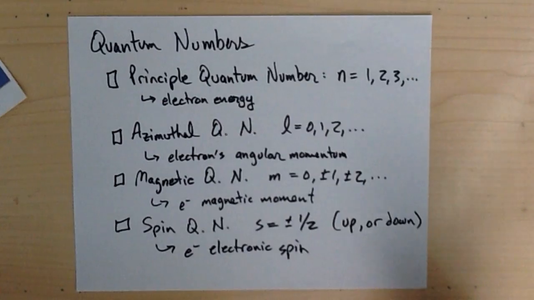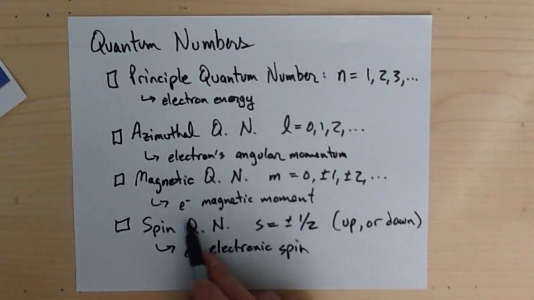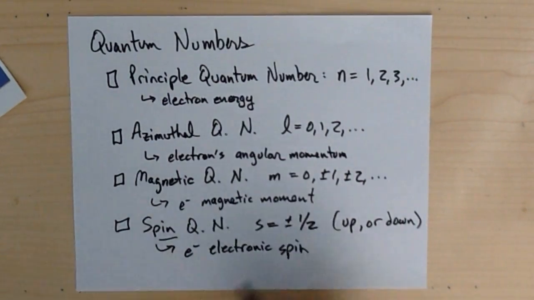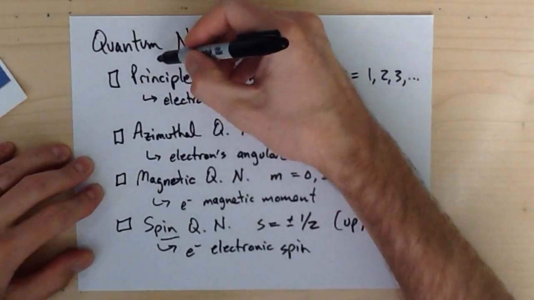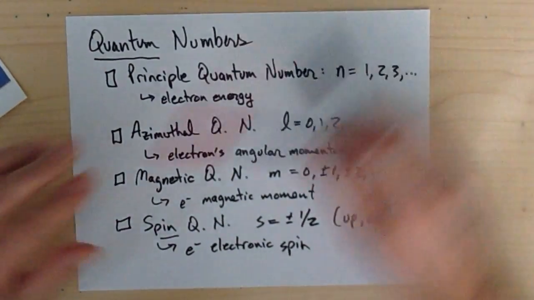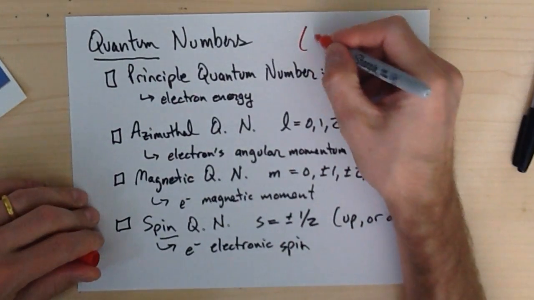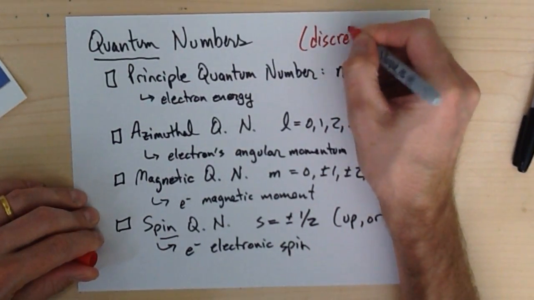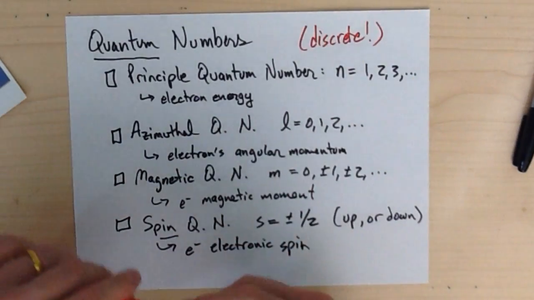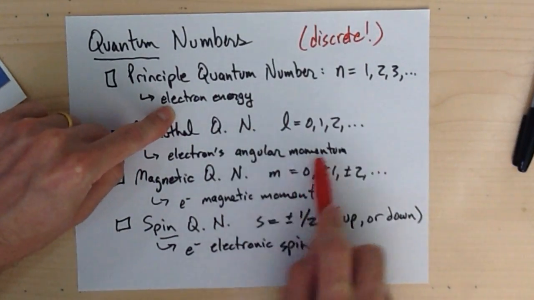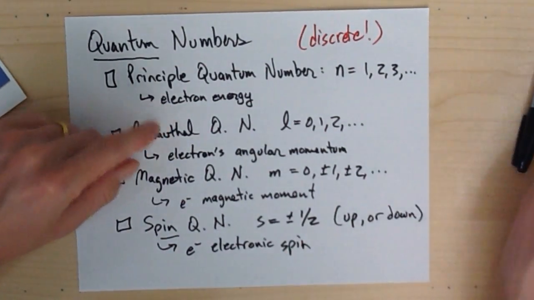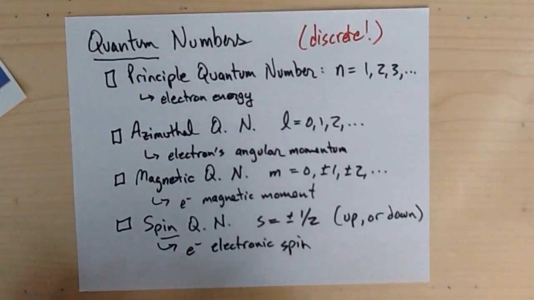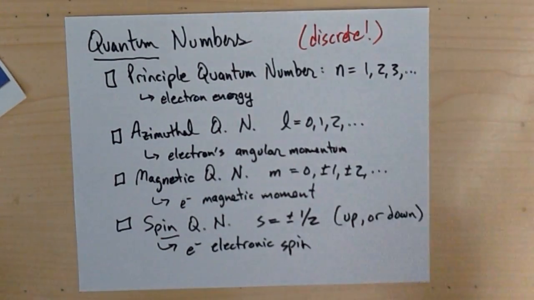The spin is up or spin is down. So this is a quantum number that can only take two values, up or down. All right, so the energy, the angular momentum, and the magnetic moment of an orbital are quantized, and the quantum here means that it is discrete. Right? So the takeaway here is that the energy, the momentum, the moment, and the spin, these are all properties of electrons in atoms that are discrete.